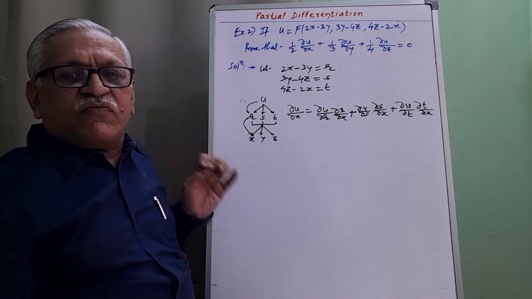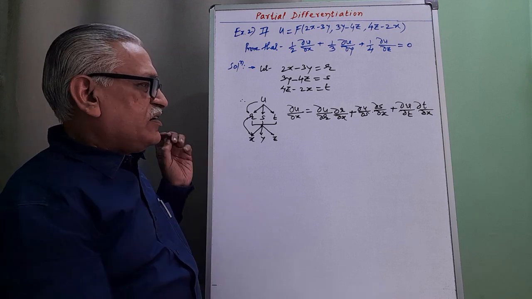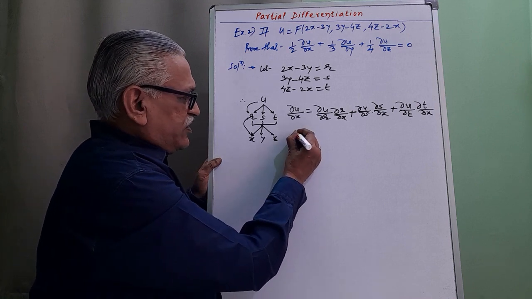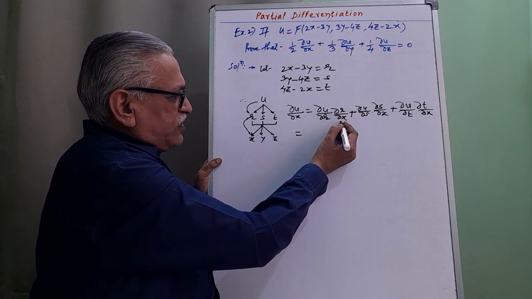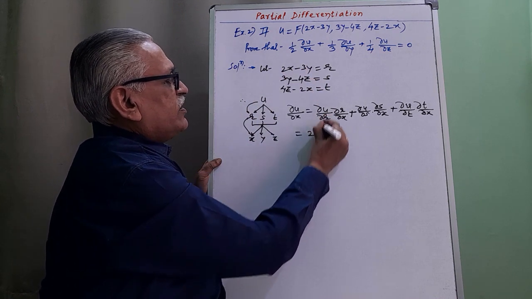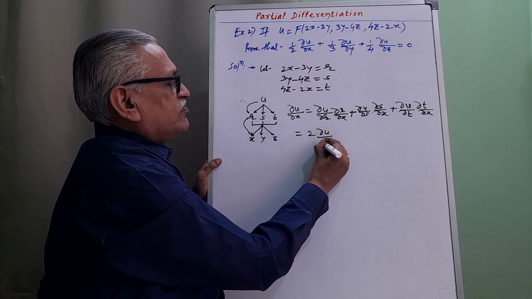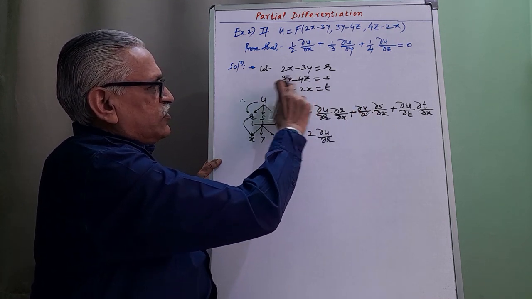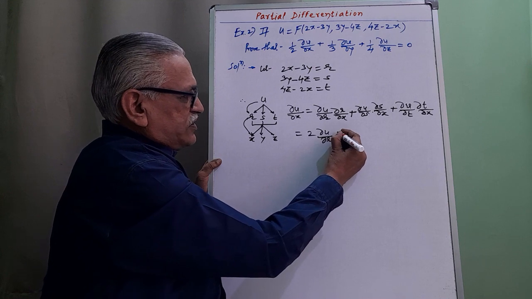With the help of the tree diagram, we can develop this formula known as the formula for change of independent variable. Therefore, differentiating r with respect to x, the derivative is 2 into dou u by dou r. Derivative of s with respect to x, no term of x, therefore its derivative is 0.